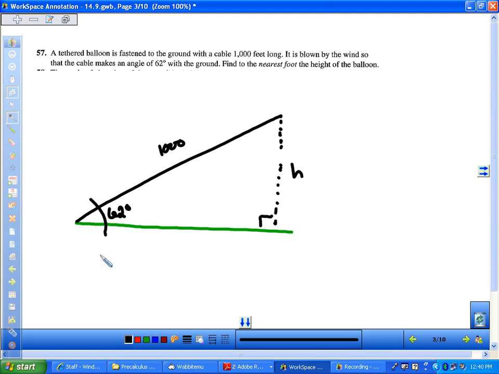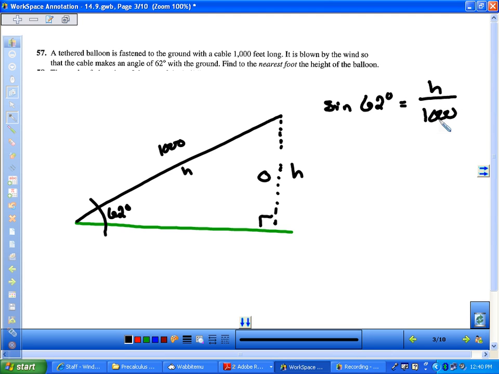Why baby trig? Because we know one of the acute angles. Which side do we want to find according to that 62-degree angle? We want the side opposite it, knowing the hypotenuse. Which trig ratio? Sine. The sine of 62 degrees equals the opposite length over the hypotenuse, which is 1,000.